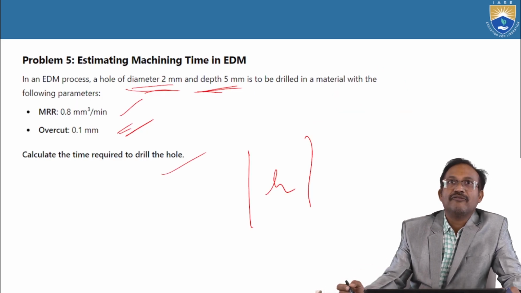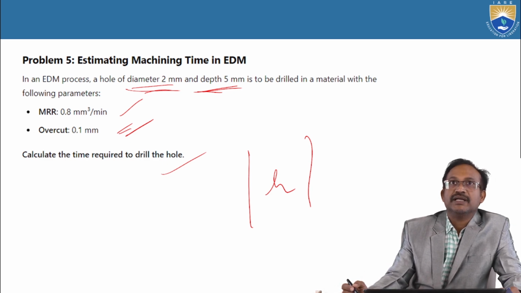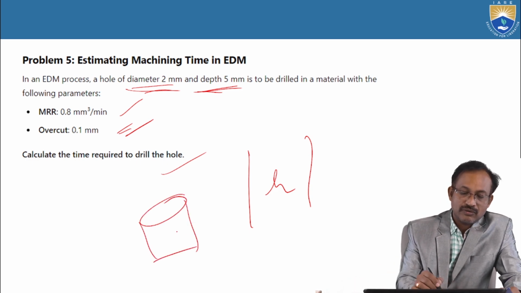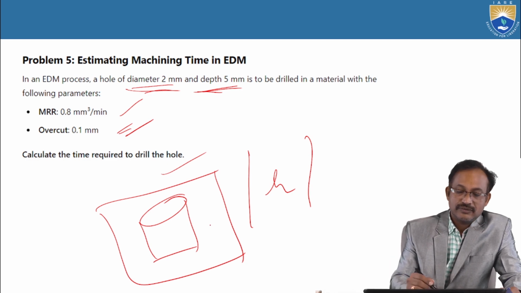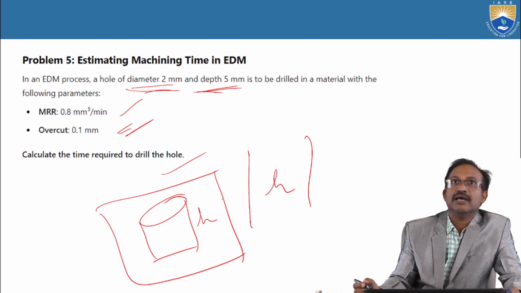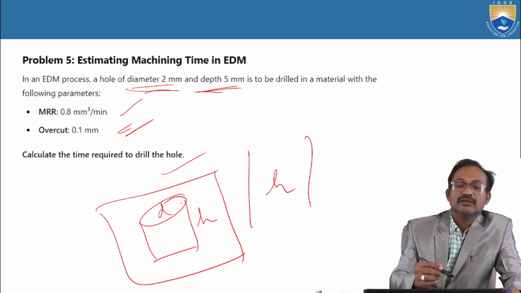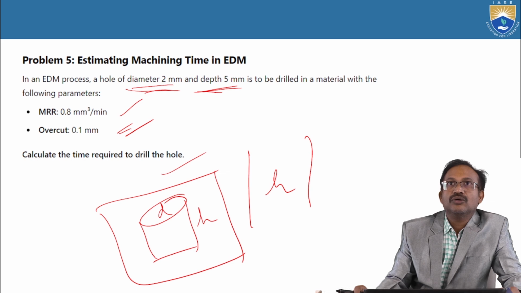And in problem number 5, we have the diameter and depth, that is nothing but height, of the drilled hole. Suppose in the workpiece we remove material with a certain height or depth and diameter d, then we have to find the time required to drill the hole.